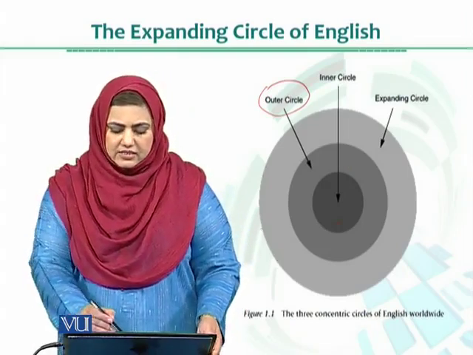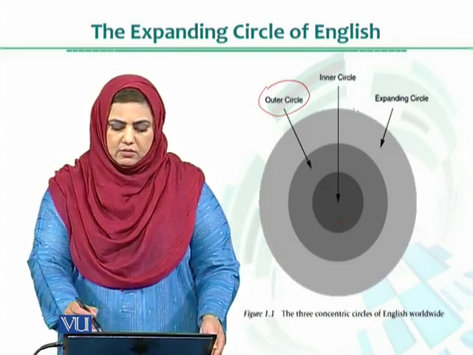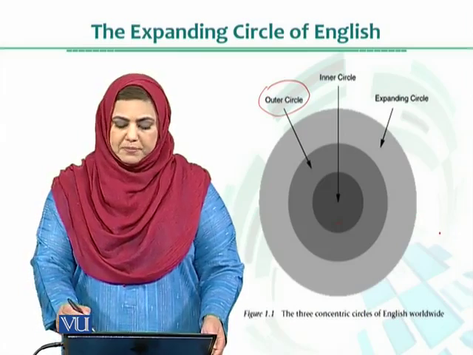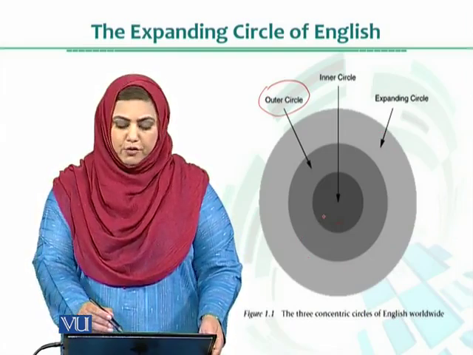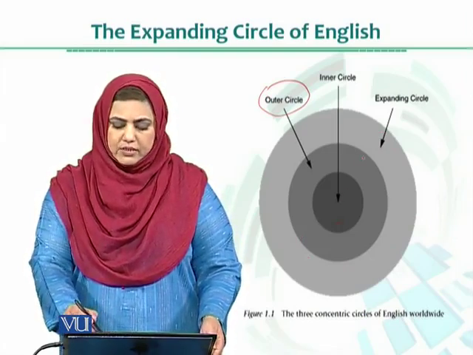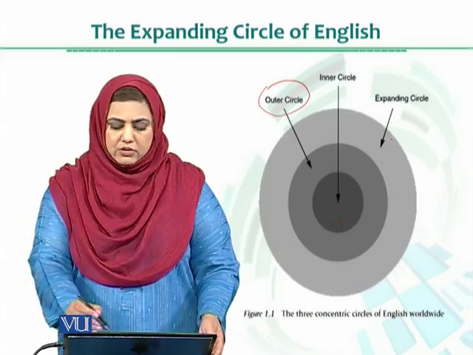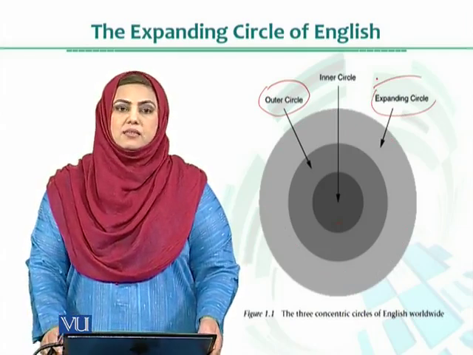And the largest circle, the biggest one here, represents all those countries where English is used as a foreign language. So: first language, second language, and foreign language. And by the way, the outermost circle, Kachru has called the expanding circle.